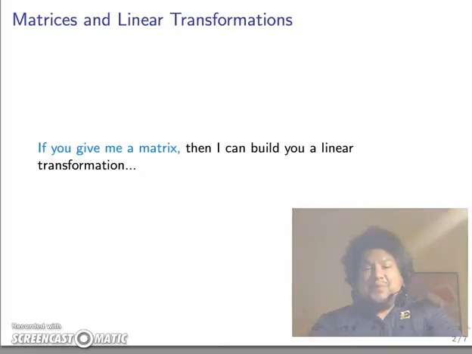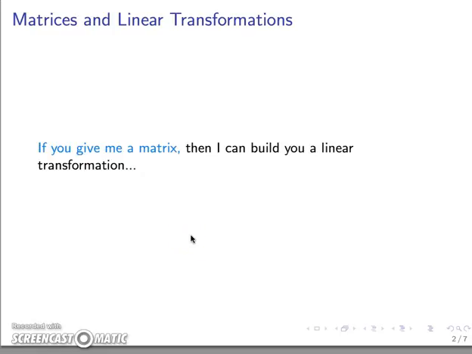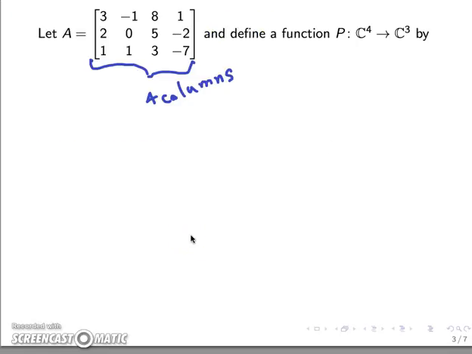Okay, so let's consider this example in which we have a matrix with 4 columns, and we decide to define an operator from C4 to C3, meaning that because this matrix has 4 columns, we're going to exploit the matrix operation, matrix vector multiplication, and then we will be able to output a vector in C3.